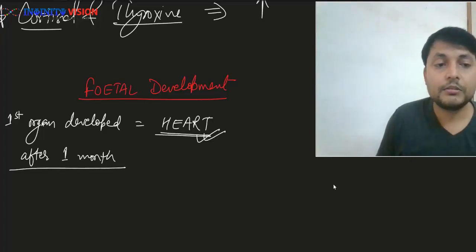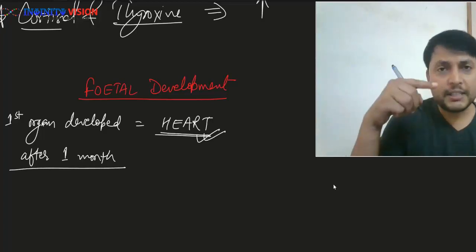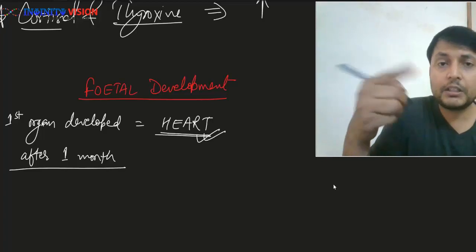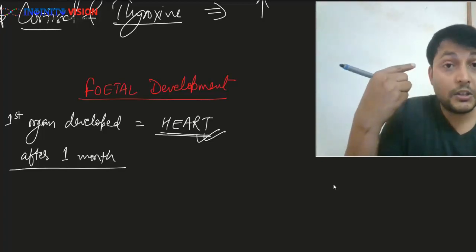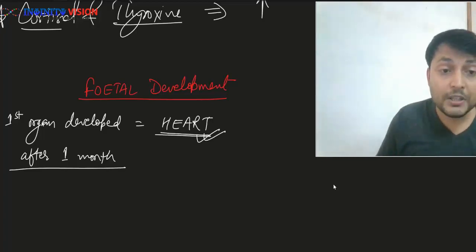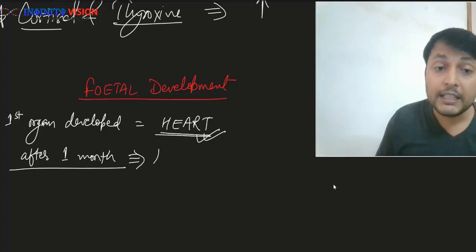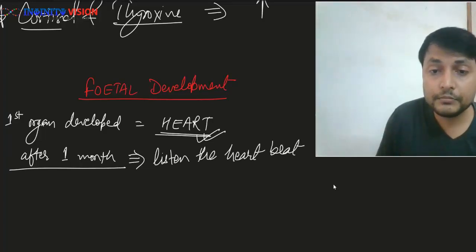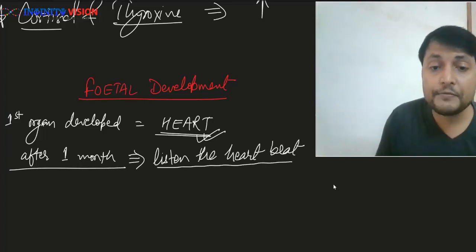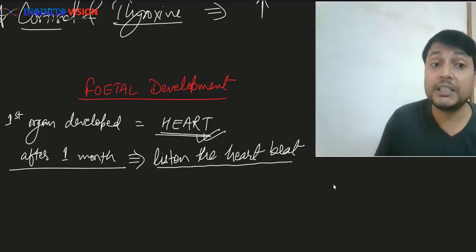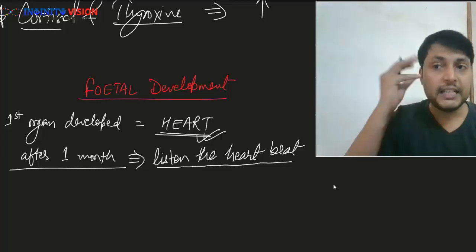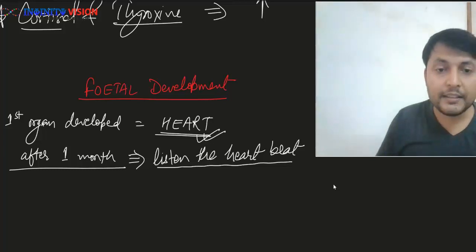Once this first month is completed, by the end of the first month, the heart is almost formed. After 1 month you can listen to the heartbeat. After 1 month the heartbeat of the fetus is audible with the help of a stethoscope.